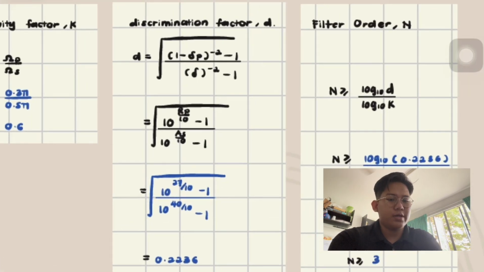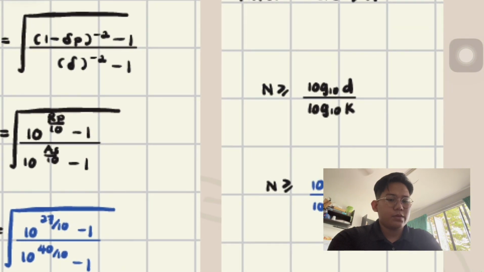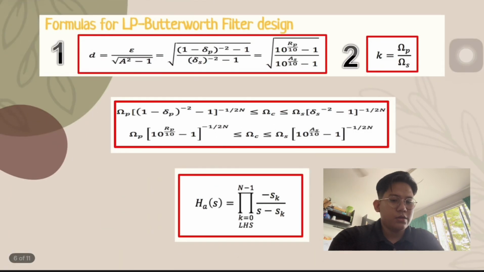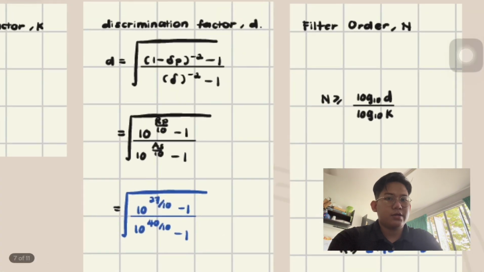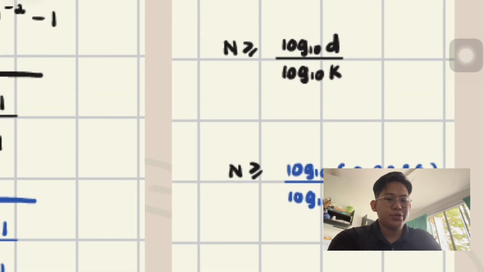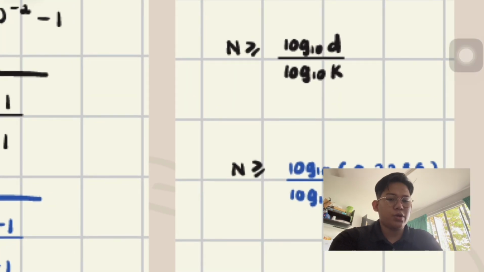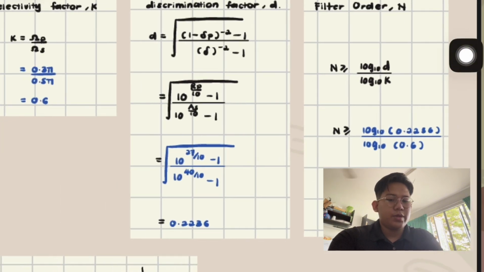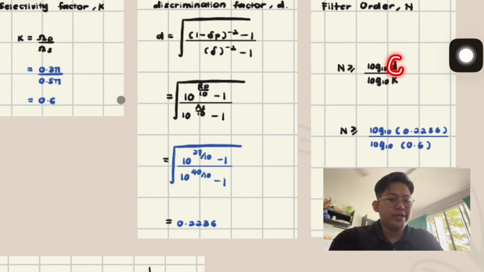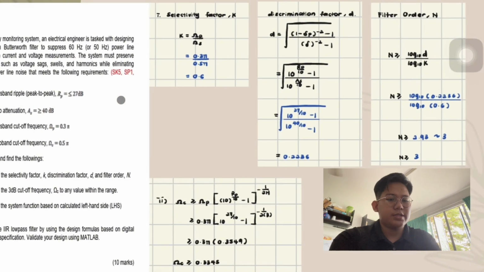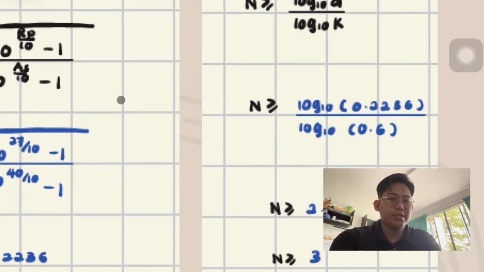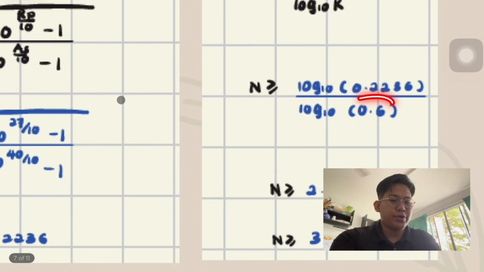And for the filter order, the formula that I'm going to use is N more than or equal to log 10 of D over log 10 of K. We got the values of D and K from the earlier equations, which is D equals 0.2236 and K equals 0.6.